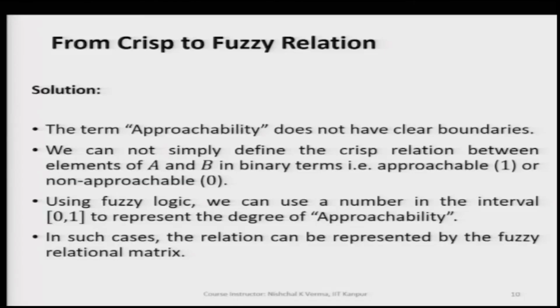Now, when we use fuzzy logic, we can see that this approachability can be expressed very easily, and now let us see how it is done. In such cases the relation can be represented by a fuzzy relational matrix when we have a fuzzy relation.